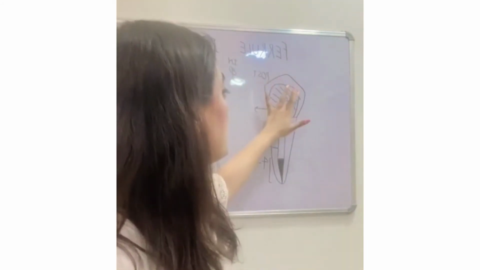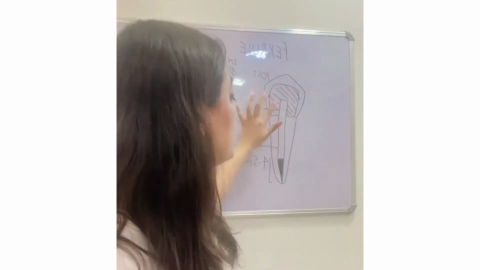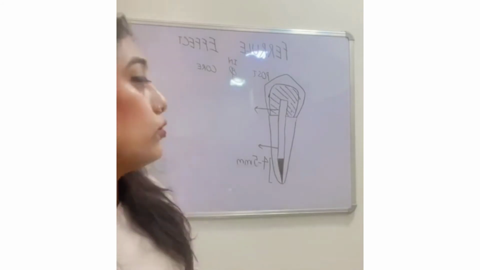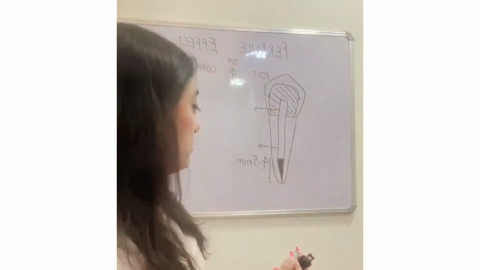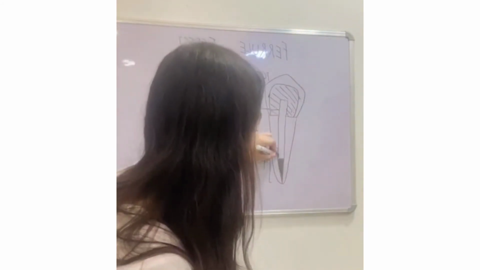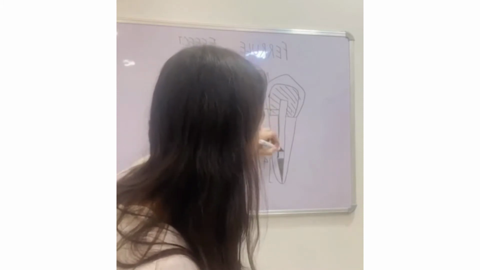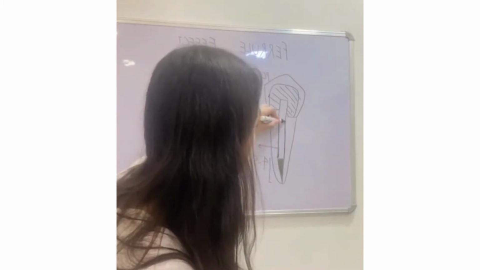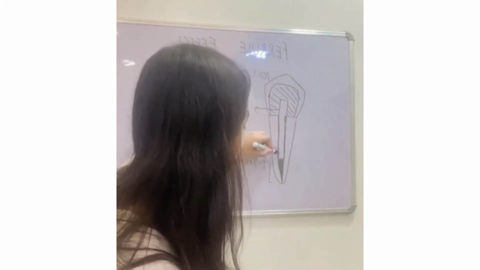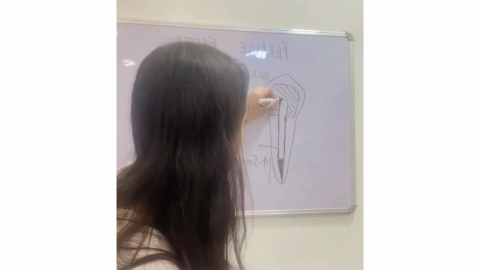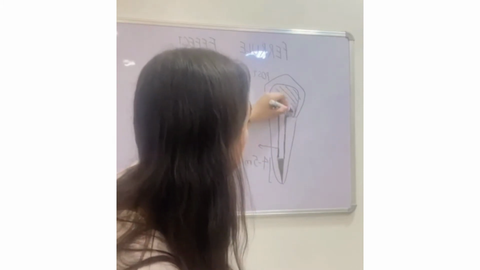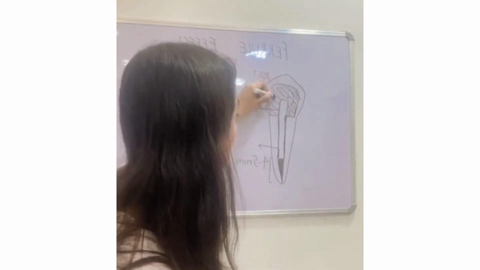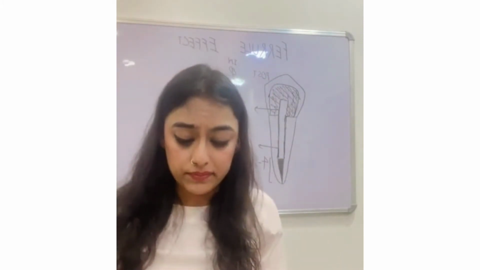So this portion is going to be built with the same material which you are going to use to bond the post. So this is where your cement is going to be present, and the same cement will be present to build up the filling material.